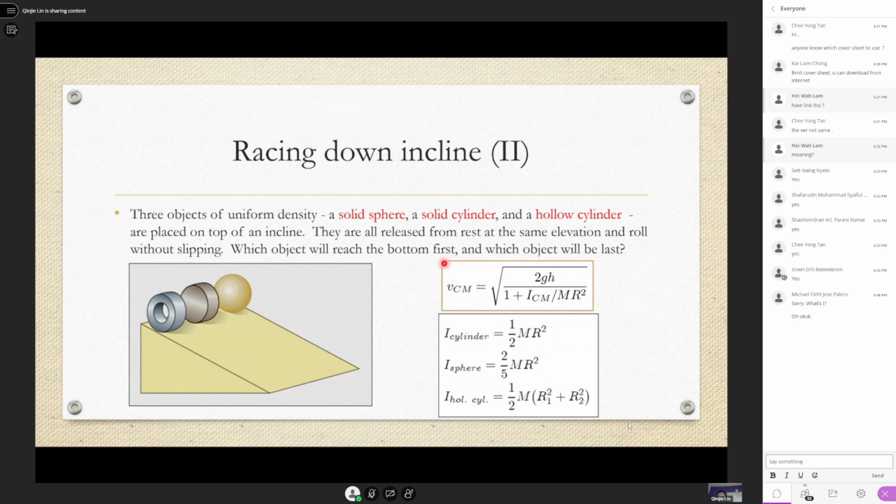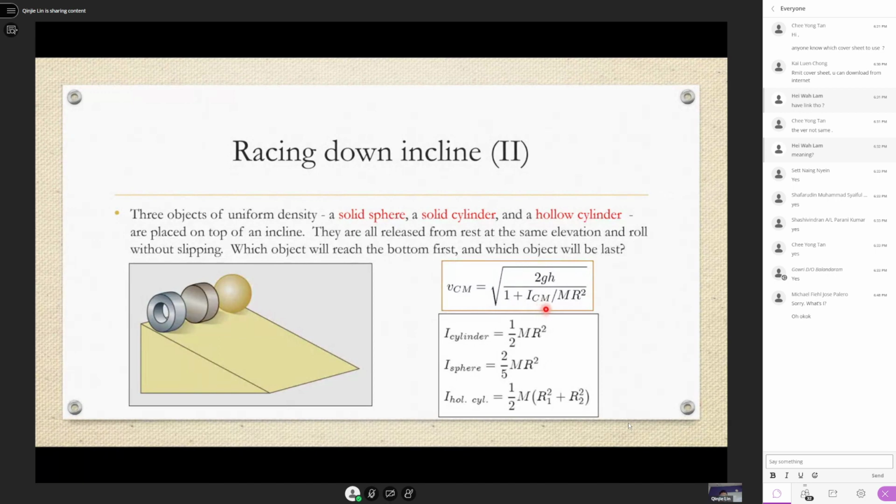If you look at this equation, you compare v_CM. The top you realize will be the same because they start from the same height. The radius is actually the same also, but the I will be different. This I is the moment of inertia. It's like the mass, a resistance like that.